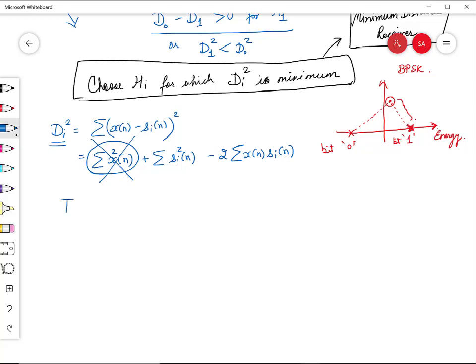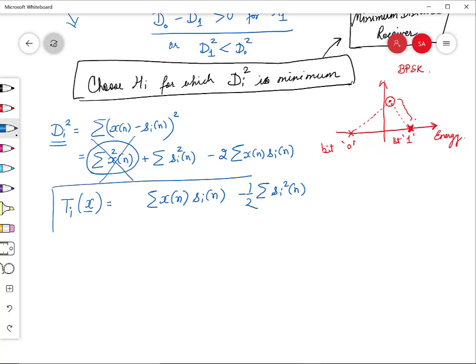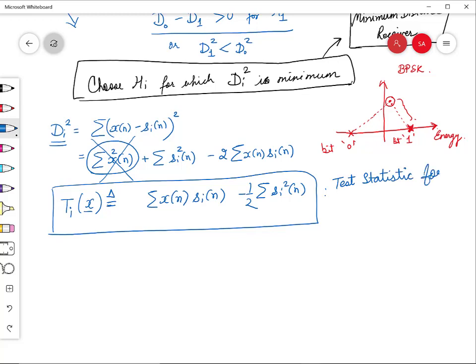So let me denote another metric called T_i of x, which I define as, rather than twice, the summation of x[n] times s_i[n] minus half the summation of s_i squared[n]. So I'm defining this metric here. This is a definition. I'm calling this the test statistic for the ith hypothesis.